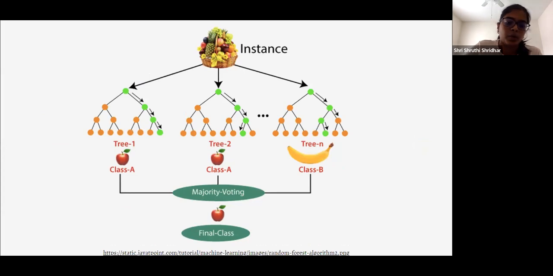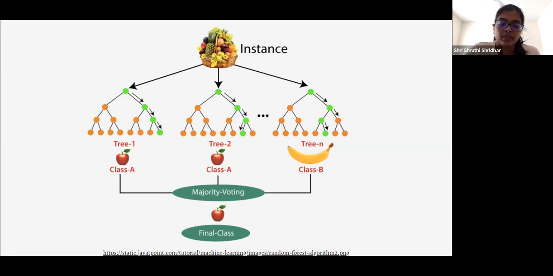For example, tree one might have been trained only on apple, so it has predicted apple, and the second tree might have been trained on a mix of sampled fruits. It might be trained on pineapple, apple, mango, banana, everything, and our nth tree might just be trained on few of the fruits, right?